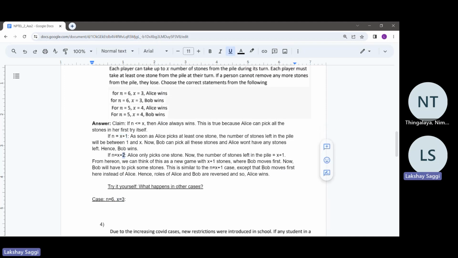To make it x plus 1, Alice removed one stone. Now here, what is the value of x? x is 3, so x plus 1 will be equal to 4. So to make the number of stones equal to 4, what can Alice do? The initial number of stones is 6, and Alice wants to make the number of stones equal to 4. How many stones will Alice need to pick?